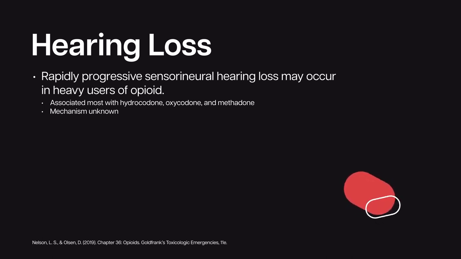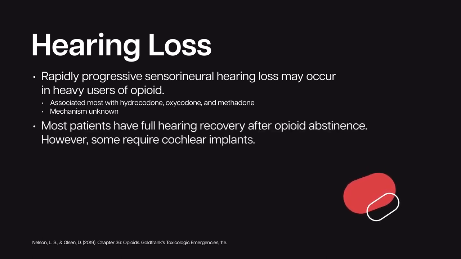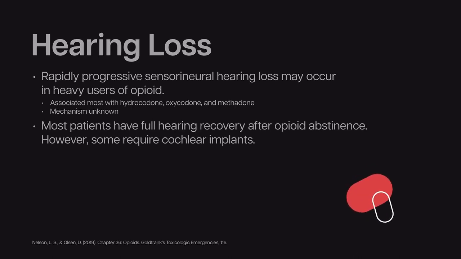The exact mechanism is not known, but some suggested causes include ischemia, direct cochlear toxicity, genetic predisposition, and a hypersensitization that occurs with re-exposure following an opioid abstinence. Most patients who experience this have a full hearing recovery after an opioid abstinence. However, some may require cochlear implants.